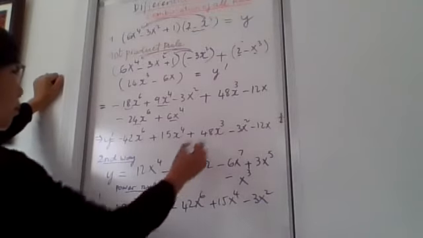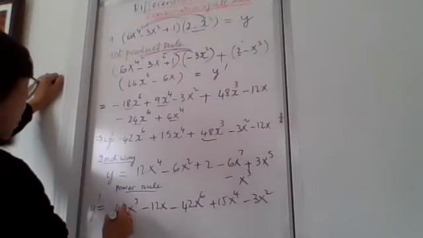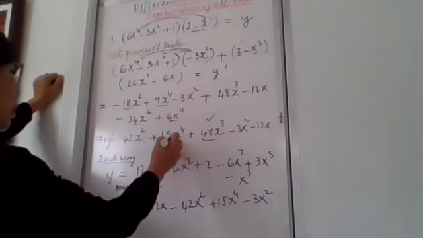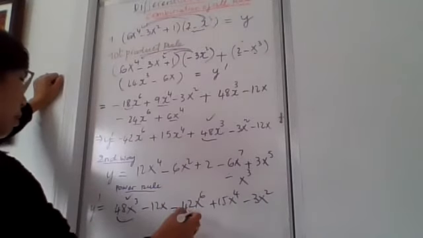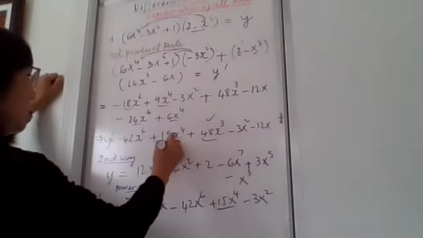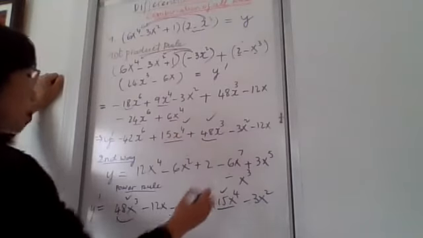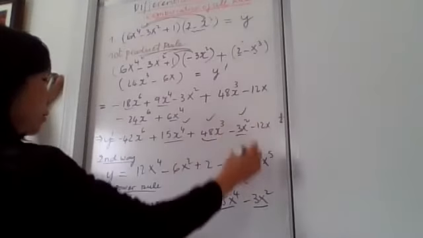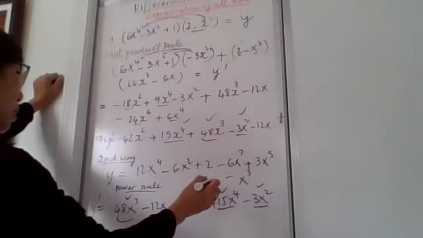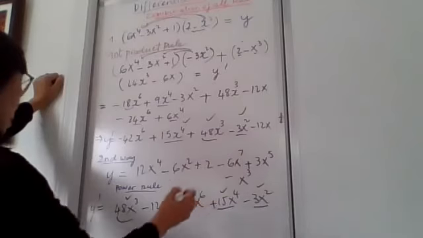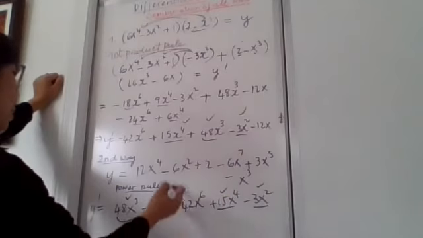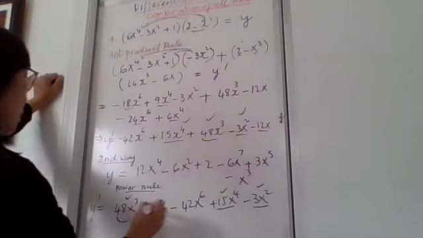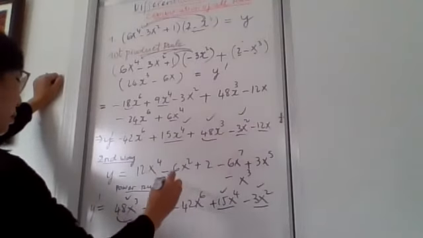Are they the same? 48x to the power 3, 48x to the power 3, correct? Same thing. Plus 15x to the 4, plus 15x to the 4, so the same. Minus 3x squared, minus 3x squared, same. Minus 12x, minus 12x.